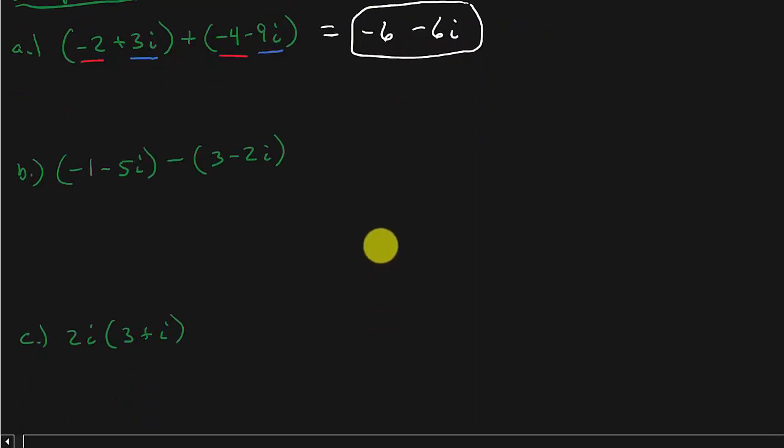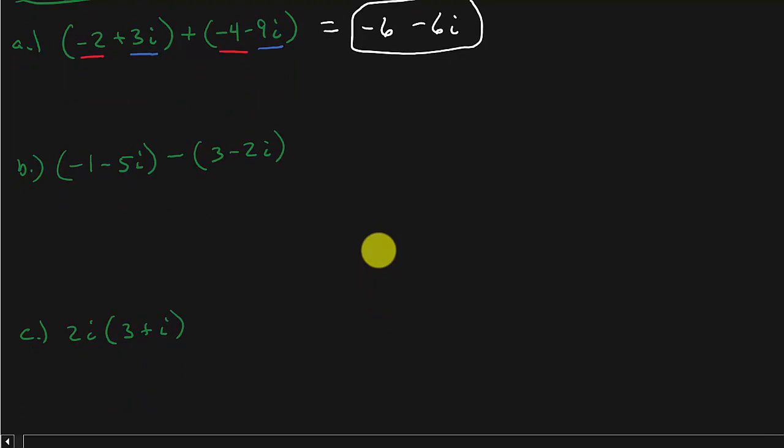Let's look at the next one. I've got -1 minus 5i minus 3 minus 2i. All right. So let's subtract them. Now, the first thing I'm going to do here is write this as -1 minus 5i, and I'm going to change the minus to a plus.